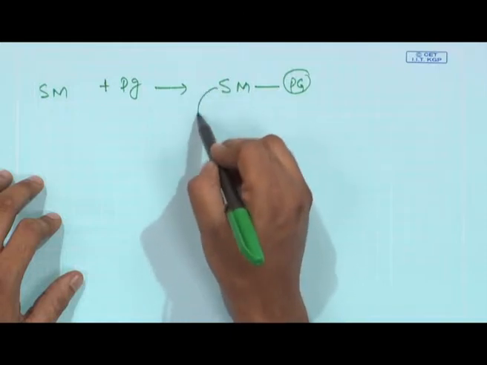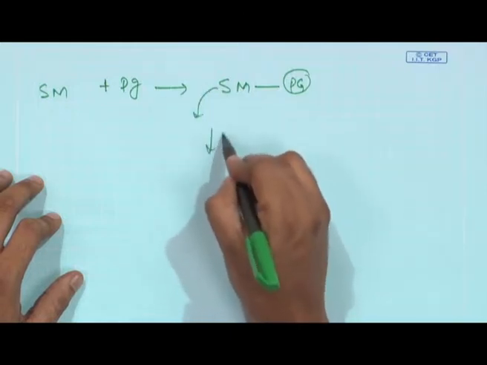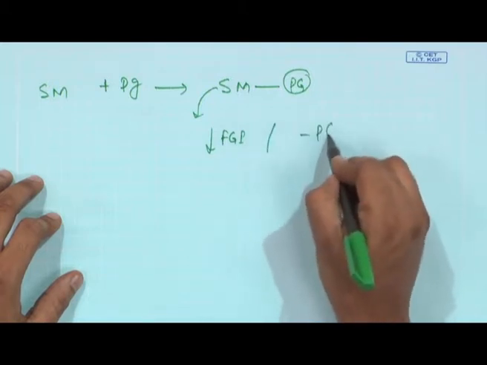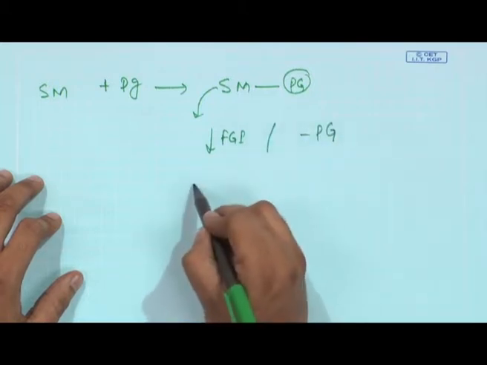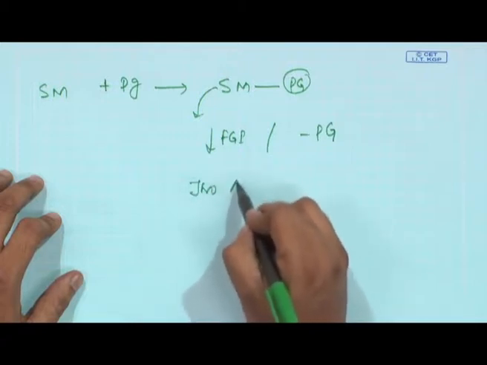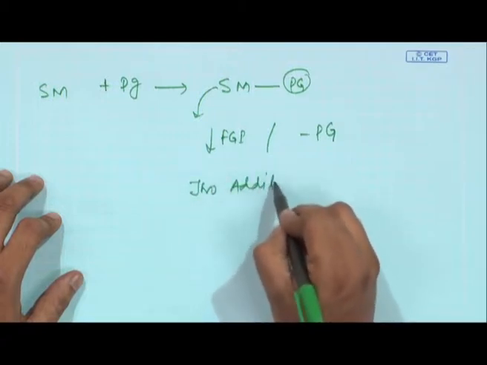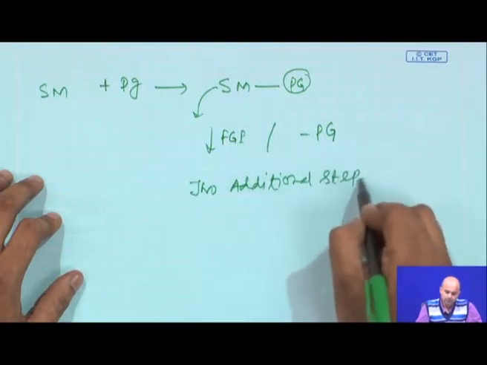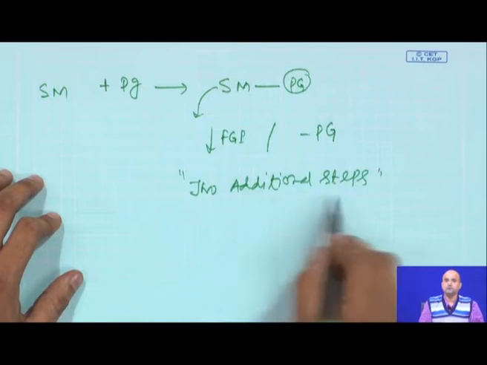Then you do some reactions here, some FGI, and then finally you have to remove the protecting group. So, two additional steps are often required whenever a protecting group is used in your retrosynthetic pathway.